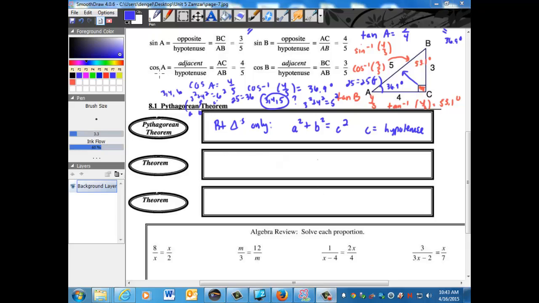What about the lengths of 3, 4, and 6? Well, if we were to try 3 squared plus 4 squared equals 6 squared, we would find out that 25 equals 36. So clearly these two aren't equal. This does not form a right triangle.